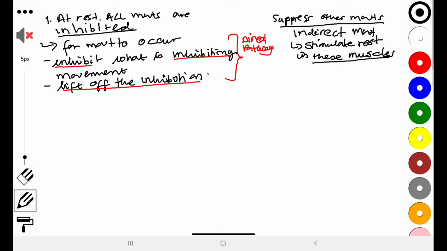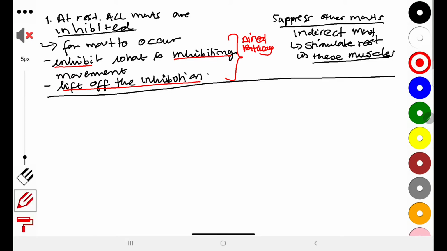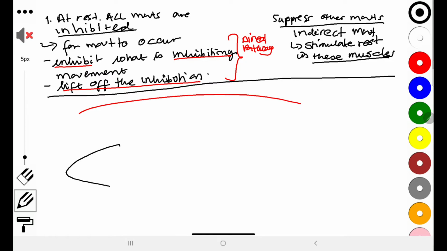Now, we're going to start with the direct pathway. So in the direct pathway, if this is the cortex, okay, I'll draw a red line to make sure. If this is the cortex, we'll have the striatum, and then the striatum is going to have crosstalk with the GP, so that's the globus pallidus.